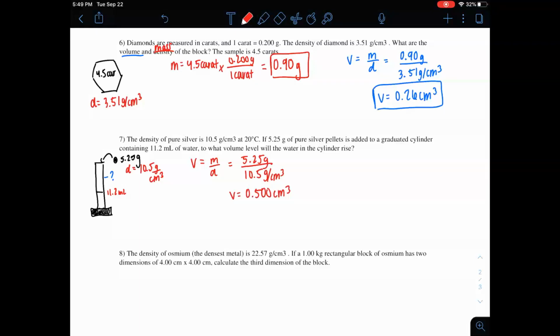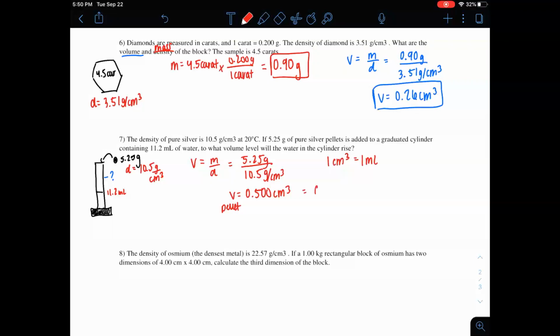So that is what my volume of my pellet is. And hopefully you remember this, if I didn't already say it: 1 centimeter cubed is equal to 1 milliliter.